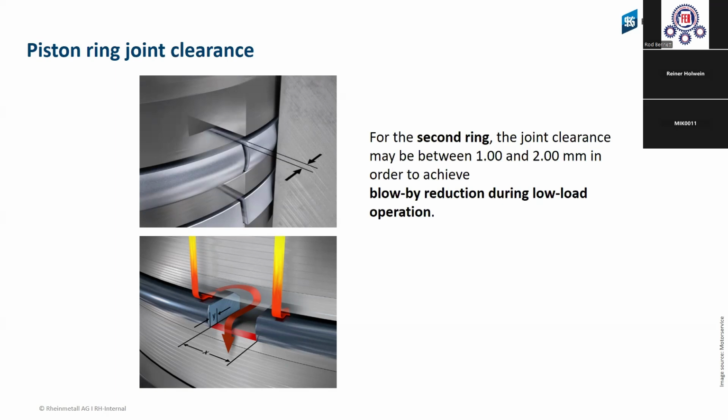Why do we make a bigger clearance on the second ring groove? Because of the pressure from the first ring, which is what you see on the second picture. There you see the two lines from the top, the pressure can drop down, go behind the ring, go inside the ring, and then the pressure comes from the first ring down to the second ring.